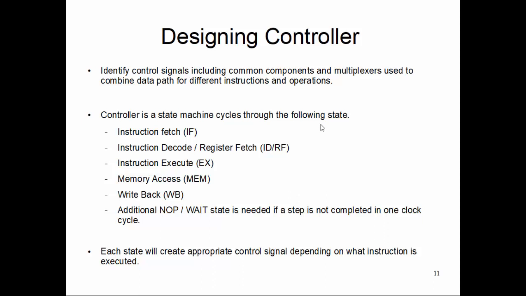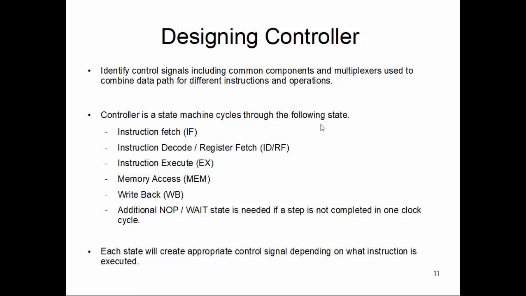So you identify all these control signals: the register file has read and write control, the ALU has an operation code, and the multiplexer of course has selection logic. The outside memory also has read and write control signals. Those come as a set of control signals that has to be produced by your controller.